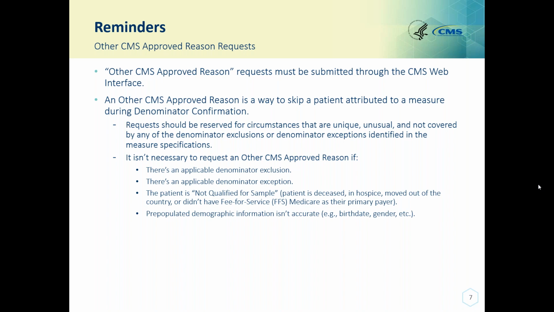Requests should be reserved for circumstances that are unique, unusual, and not covered by any of the denominator exclusions or denominator exceptions identified in the measure specifications. Please review the 2020 measure specifications thoroughly before submitting a request to skip a patient. Next slide, please.